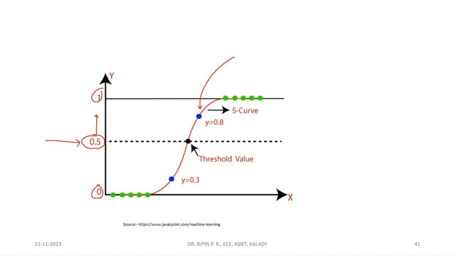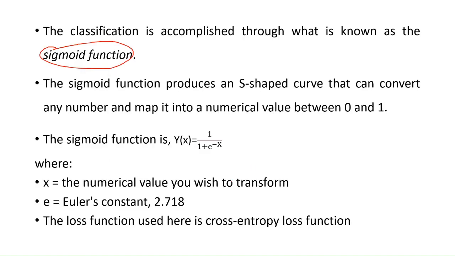Now assume that you are getting the y value 0.8. Here, you will be given an x value, and our aim is to find out whether this x value, the input value, belongs to class 1 or class 0. For that purpose, we apply this x value to the sigmoid function.